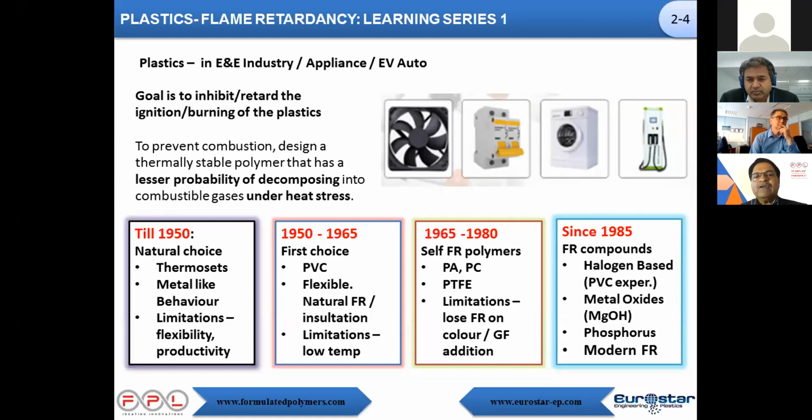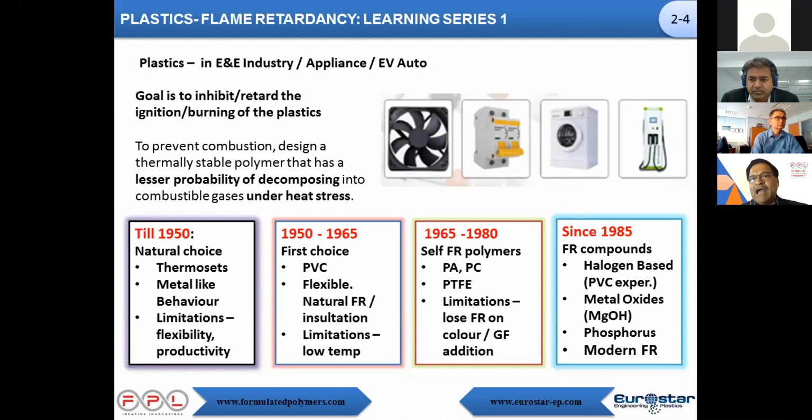Okay. After 85, I would say a lot of changes happened in modifying the material. People started modifying it with flame retardants like halogen based, because we learned naturally that PVC, because of its high chlorine content, doesn't catch fire.